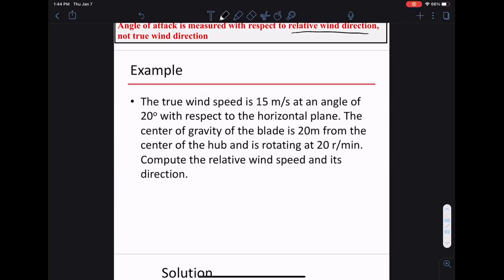I'm looking at the center of gravity of this blade as 20 meters from the hub and rotating at 20 RPM. So what we want to know is the relative wind, not the true wind, but what is the relative wind direction. Okay, so this is the question.